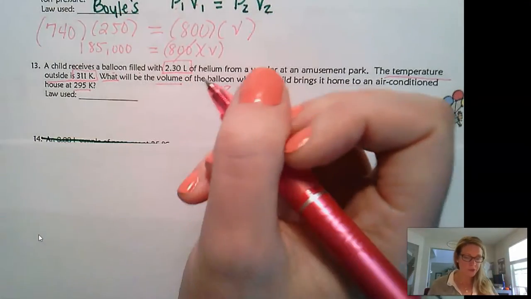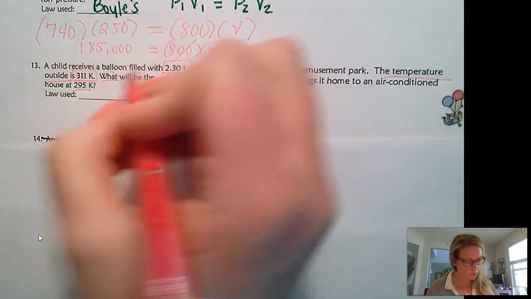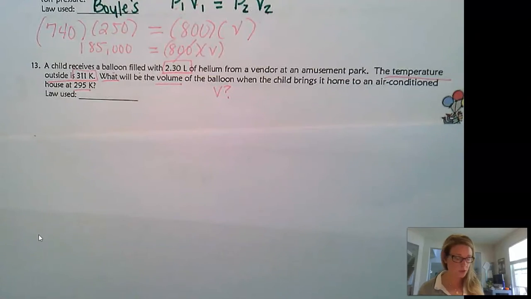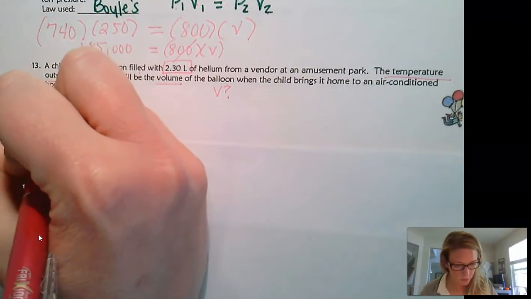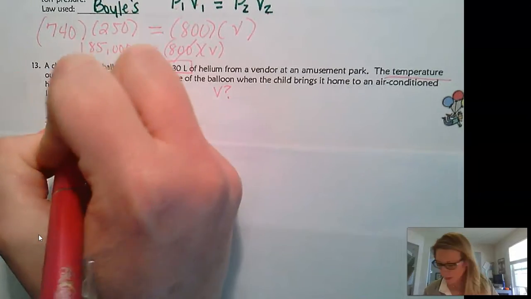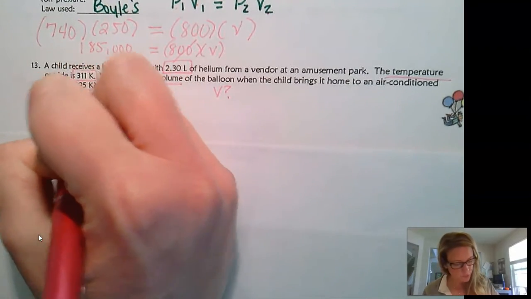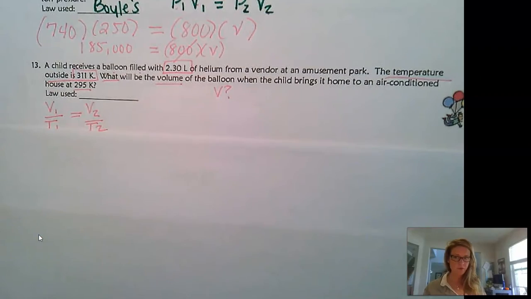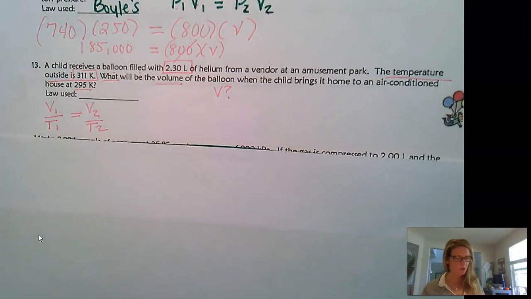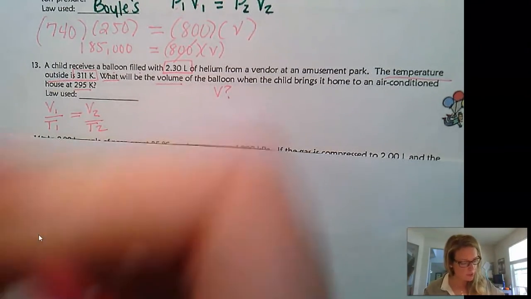So what we're going to do is we're going to copy this law down. So our law in this case is going to be Charles's law. And then it's V1 over T1 equals V2 over T2. Okay, V1 over T1 equals V2 over T2. So now just go back and figure out how you fill them in.